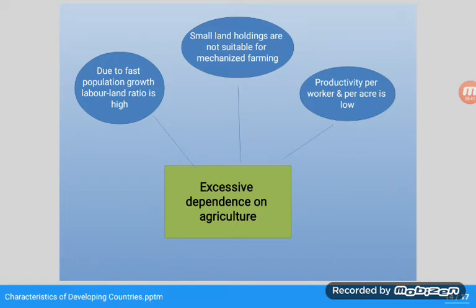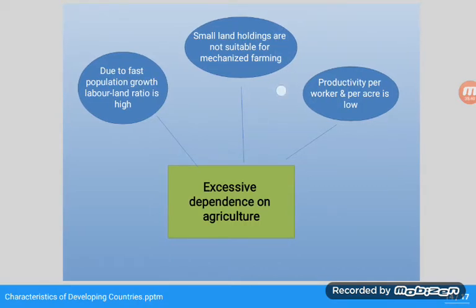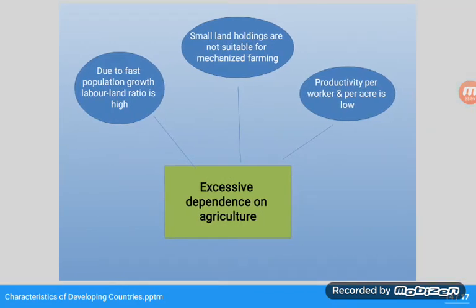So small land holdings make it impossible to make use of mechanized farming, which in turn gives them low productivity per worker, since they are not using proper machines, or the land size is small, so the productivity is small.